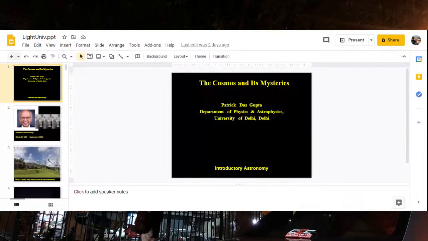Theoretically, it is possible, except that so far, no one has found any object whose mass is negative. If you find an object whose mass is negative, then you will become very famous. You actually will be awarded a Nobel Prize, because it will be so very different from whatever we have observed or understood so far.